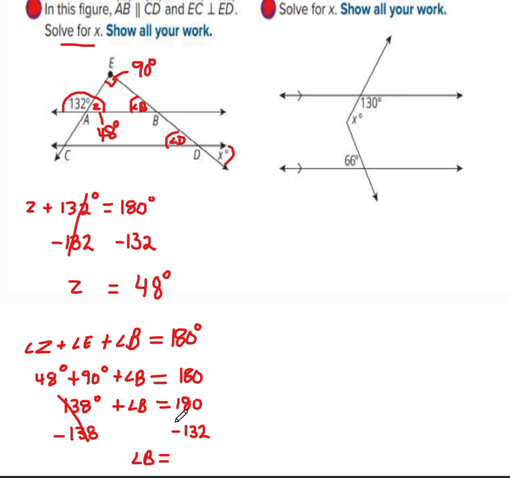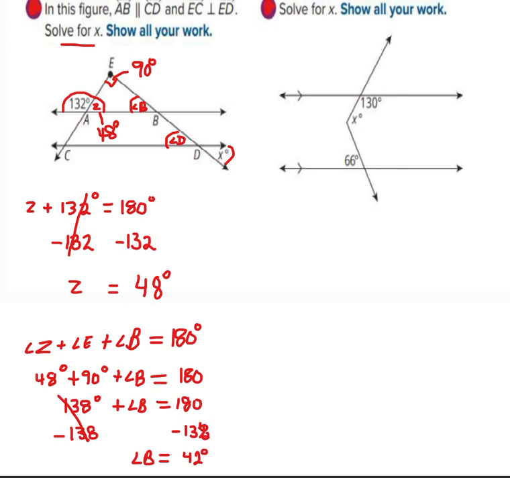And on the right side of the equation, we have 180 minus 138. We're subtracting 138 from both sides. So we have 180 take away 138, which is going to give us 42 degrees. So the measurement of angle B is equal to 42 degrees.